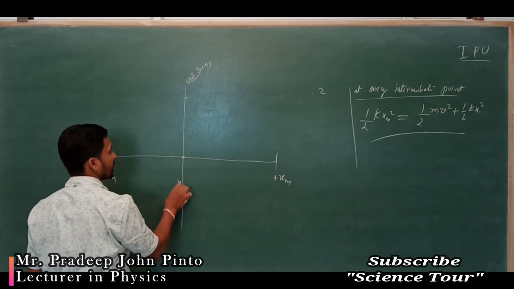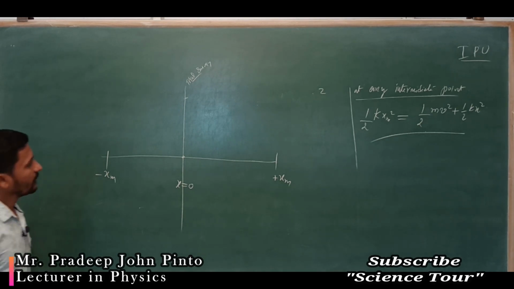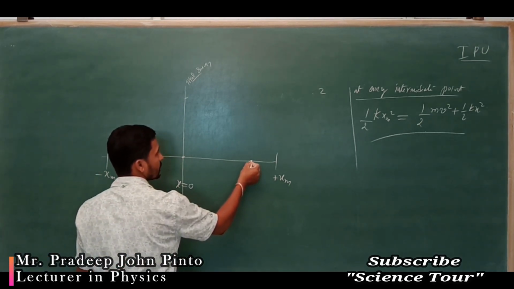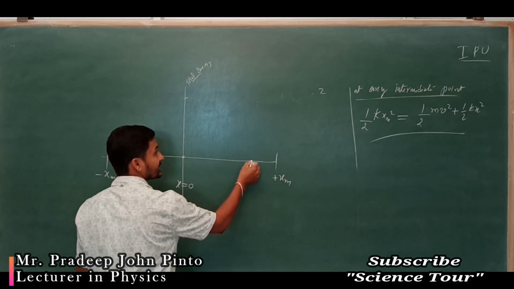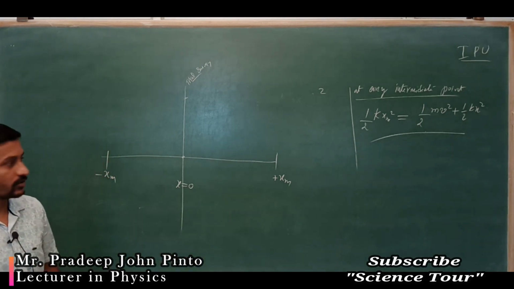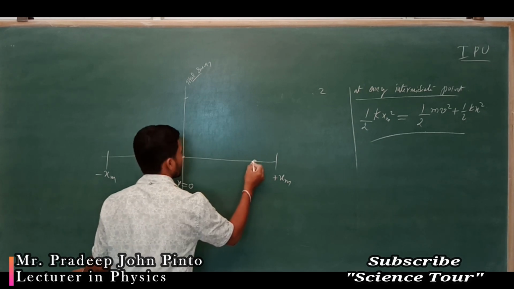This is x is equal to 0, the mean position. Now at x is equal to maximum, what is maximum? Potential energy is maximum, but kinetic energy is 0.